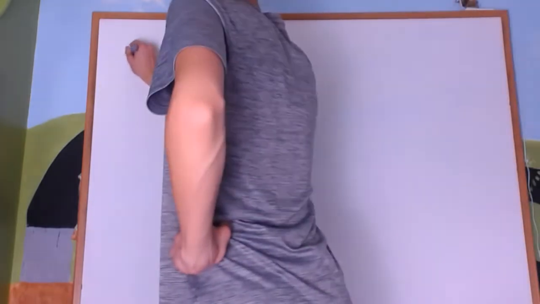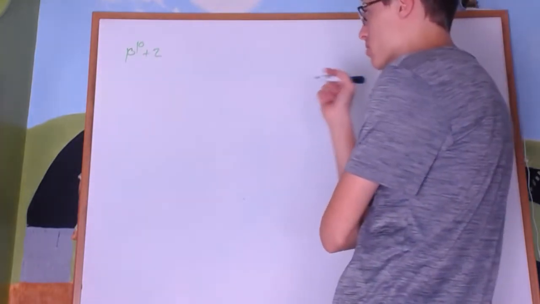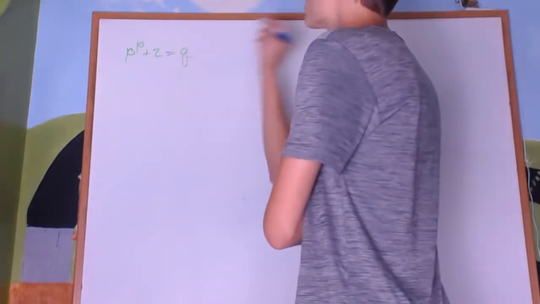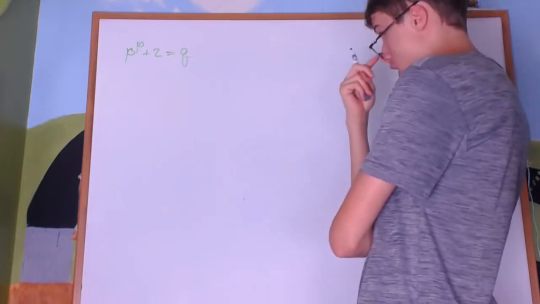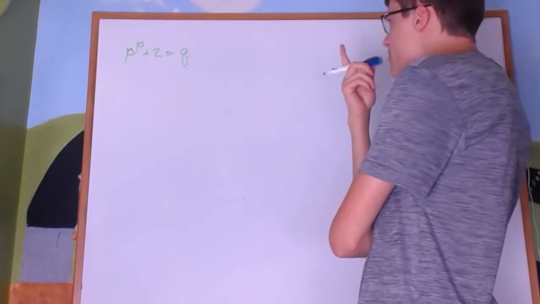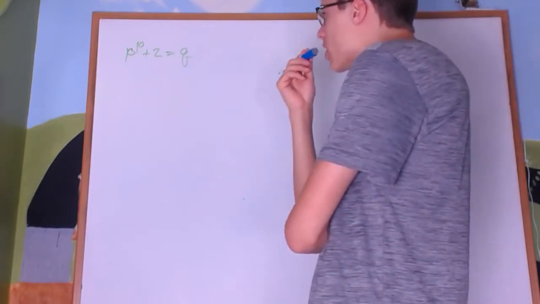Is there another prime apart from 29 that satisfies p to the p plus 2? So p is another prime, and that turns out to be a different prime. Would there be another one? That is a tough question.